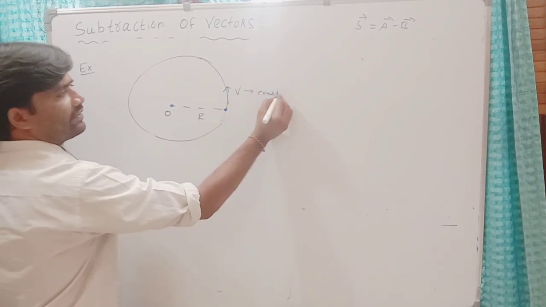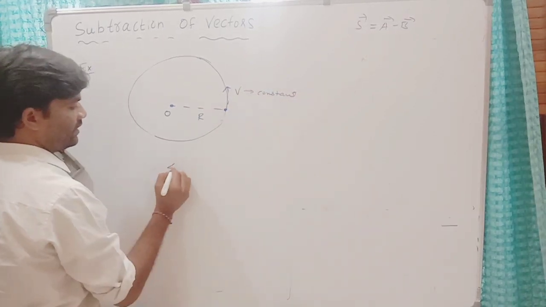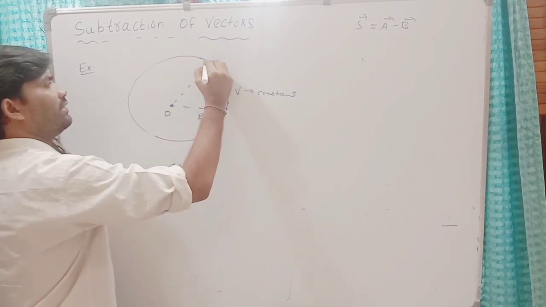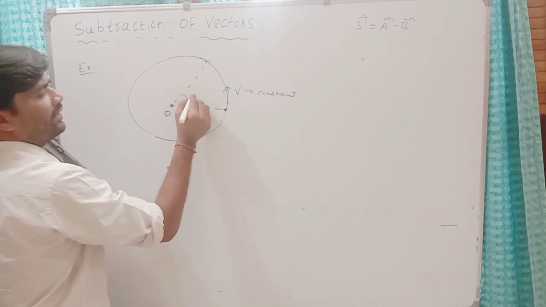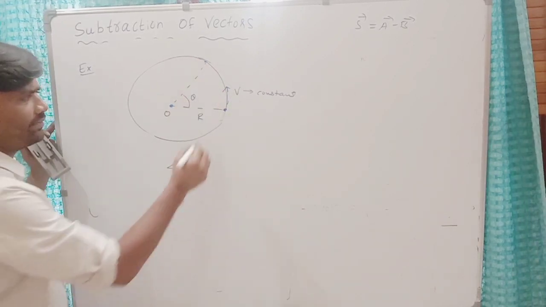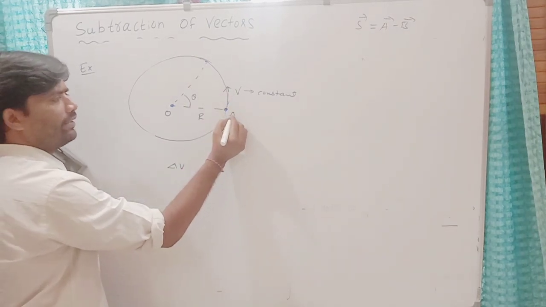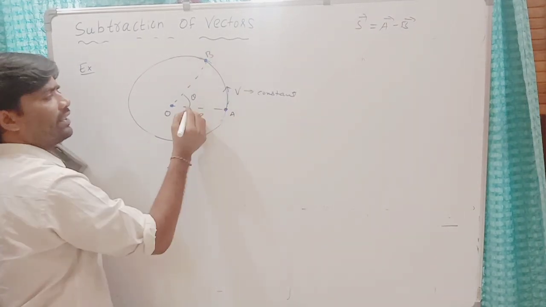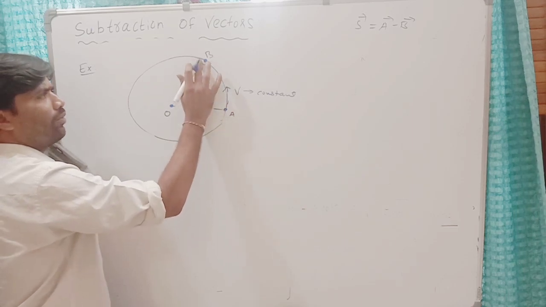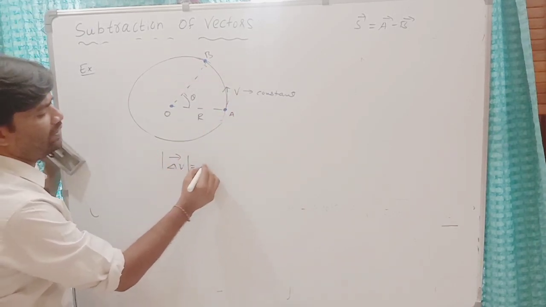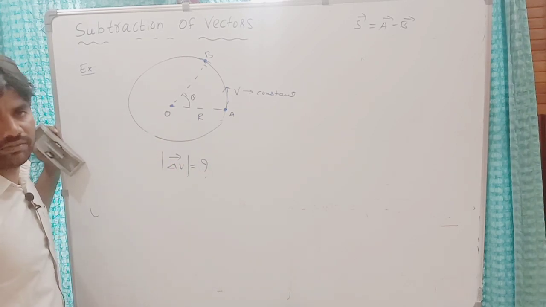Then what is the change in velocity when it covers angle theta, after angular displacement theta? If the particle starts moving along this circumference from A to B, and theta is the angular displacement of the particle, now what is the change in velocity? I want it in magnitude.